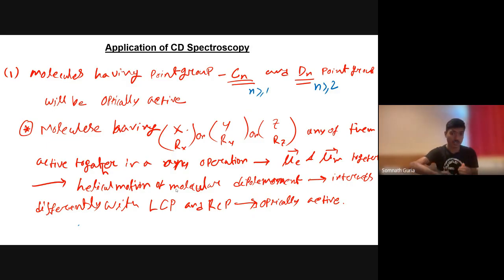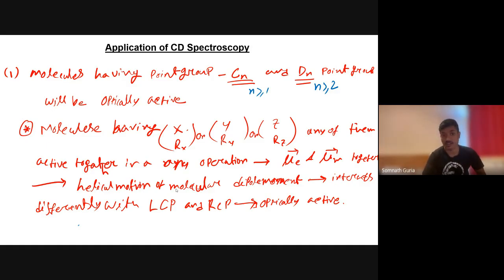there being activity of the electric dipole moment and the magnetic dipole moment, and that makes the helical dipole moment in the molecular system, which interacts with the external light source, which is circularly polarized light: the left-hand circularly polarized light and the right-hand circularly polarized light.